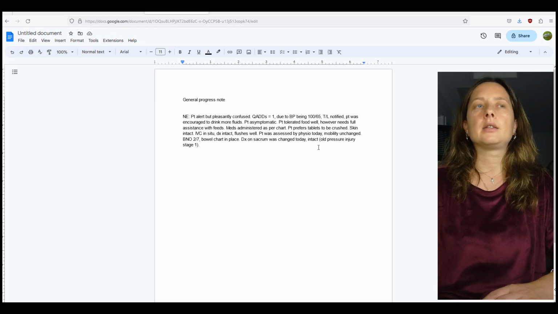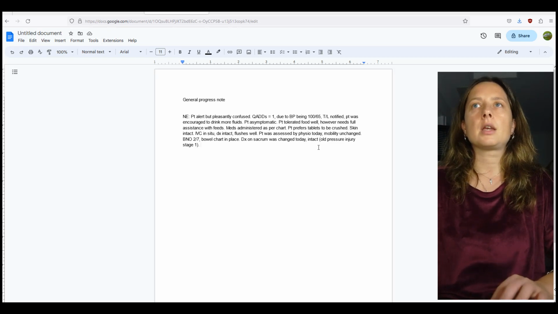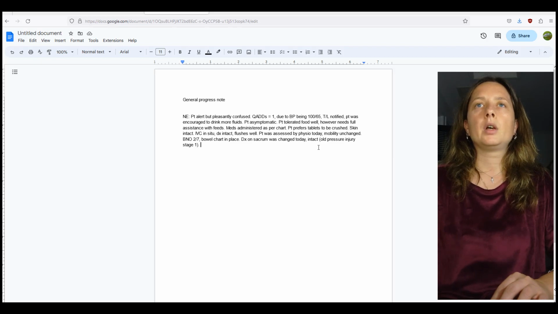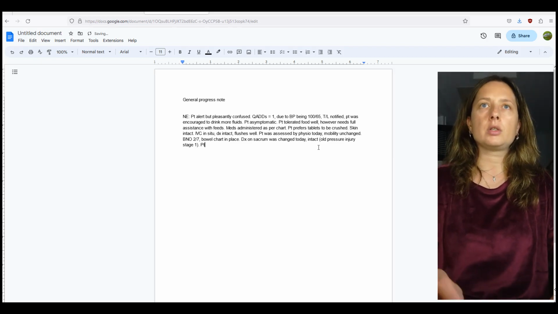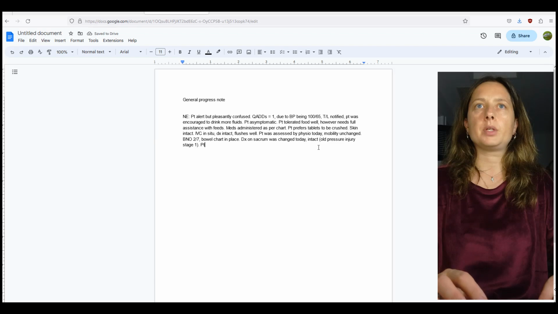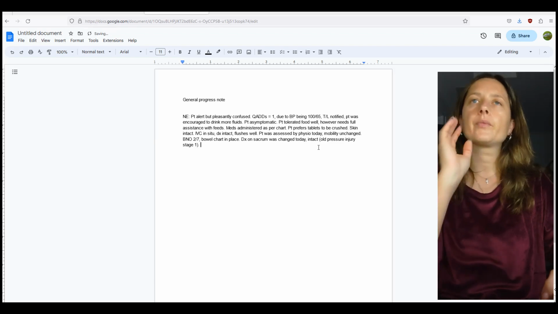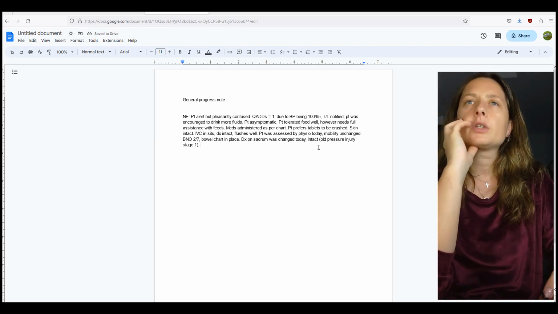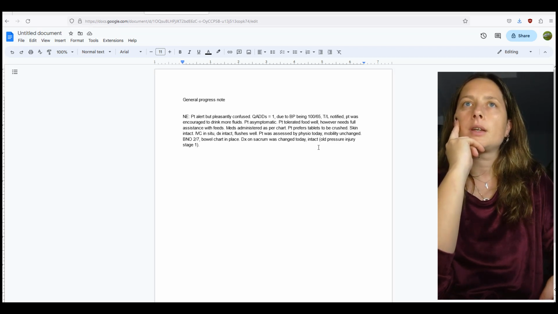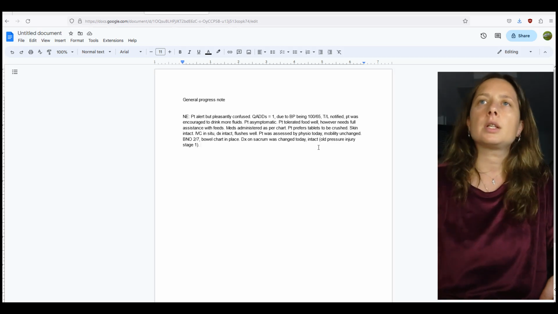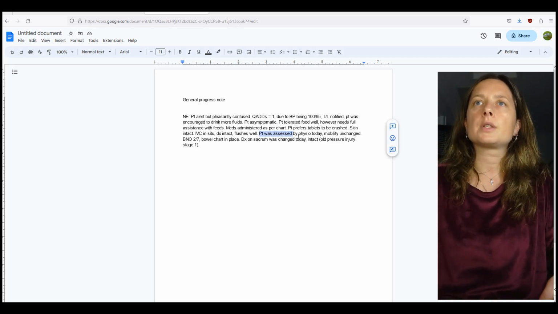Okay, then what else can you say? Usually when someone has pressure injuries, that would be someone who stays in bed most of the time. So let's just remove the patient was assessed by physio today, mobility unchanged.